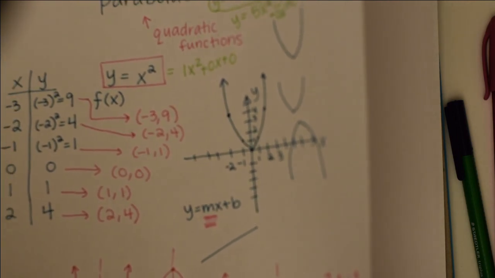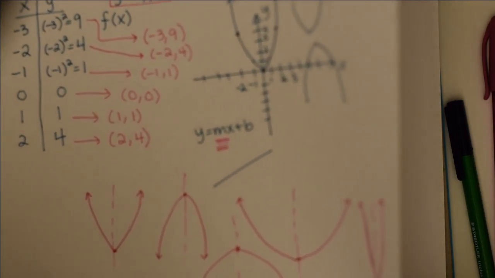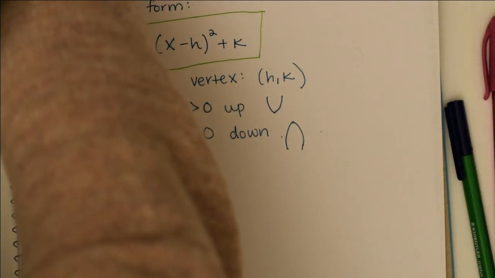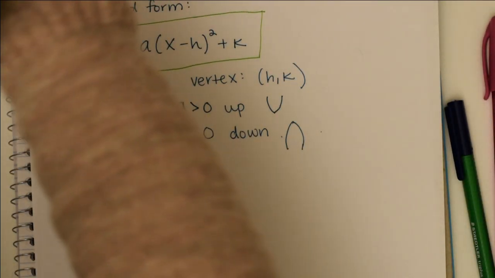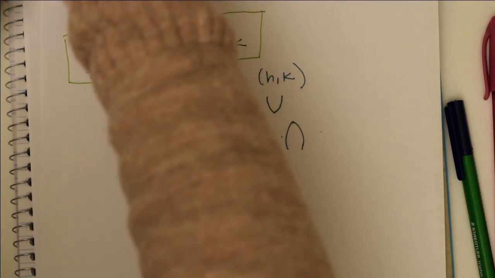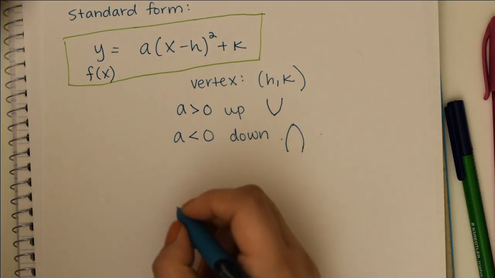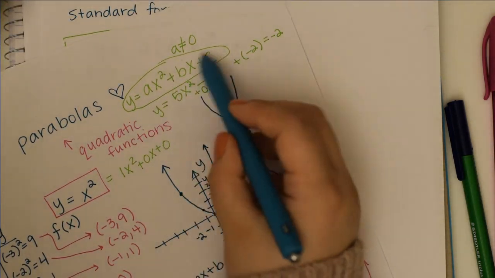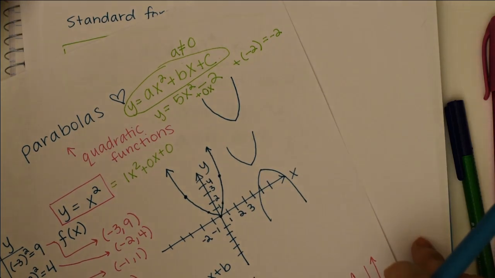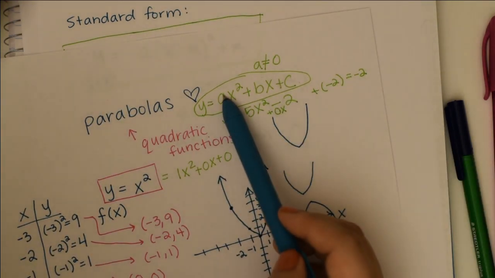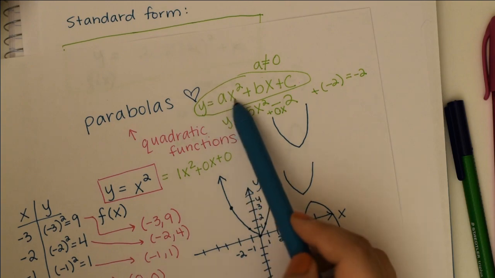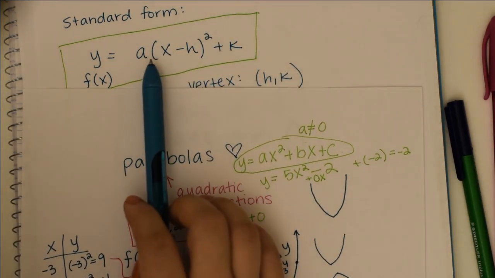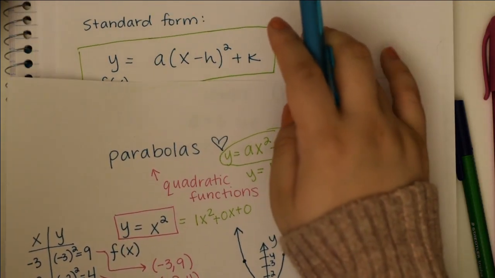I think I am running out of time right now, but I will work out a specific problem, so keep an eye out for that. I guess it'll be a part 2 to this, but I will write out a particular parabola in just your basic general form like this, and what you'll need to do is factor out this number, this a of this part, and complete the square so that you get something that looks like this, and you can always do that algebraically.